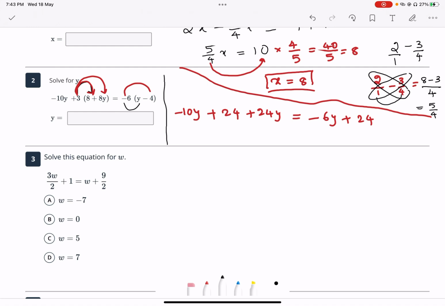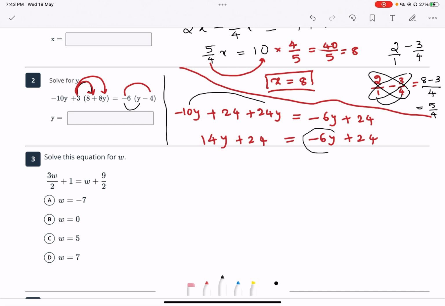So now this becomes negative 10y and positive 24y. That should be 14y, plus 24 should give me negative 6y plus 24.